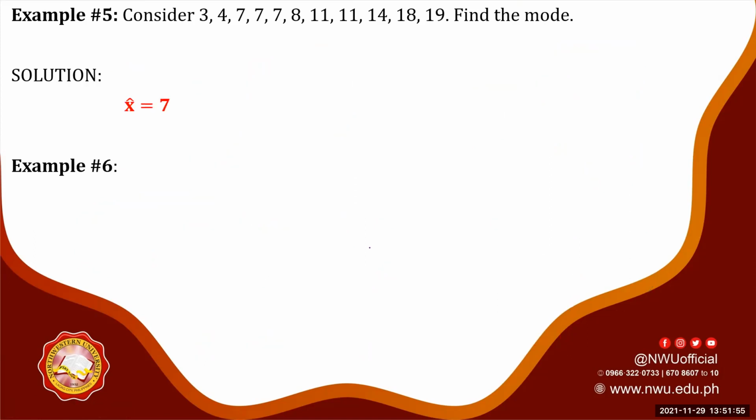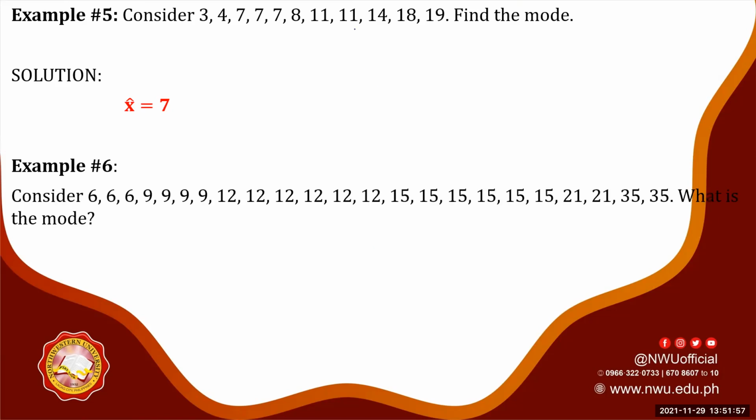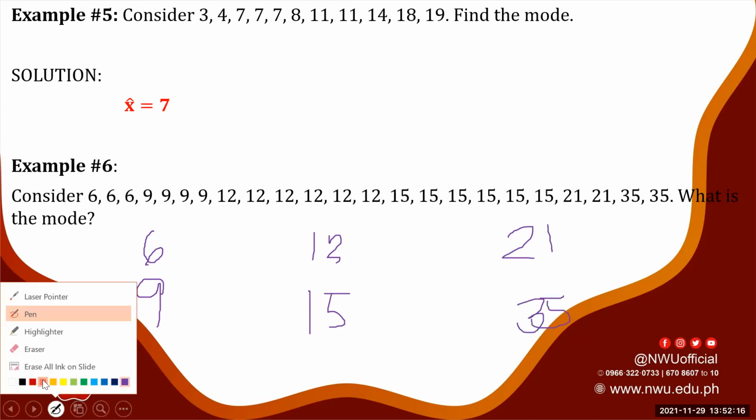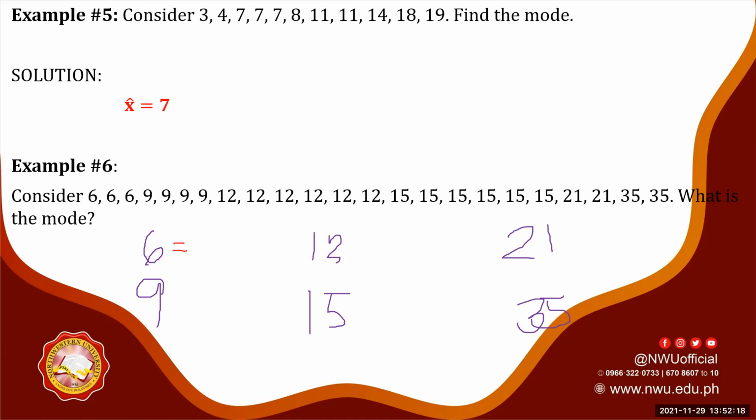That's it. How about if this is the case? So, ang gagawin mo lang is, you list all the possible values. Since meron kang 6, 9, meron ka ding 12, you have also 15, you have also 21, and you have also 35. Now, count kung ilan yung nakikita mo dyan. Yung 6 mo, meron ka lamang 3. Your 9, you have 4.